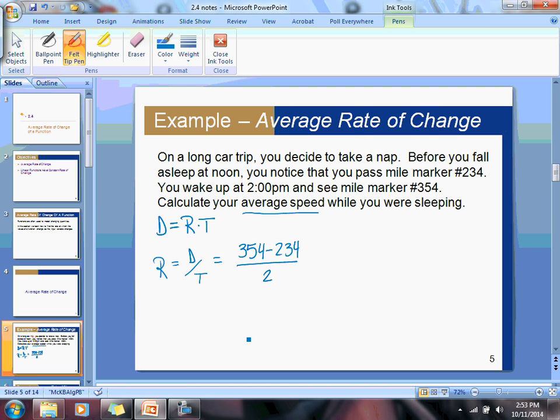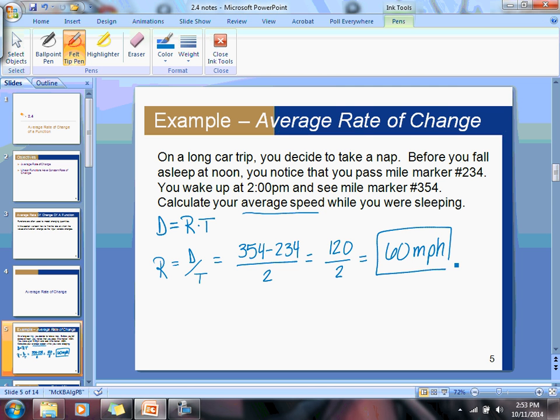You could think of it like a subtraction problem, in military time: 1,400 hours minus 1,200 hours is 200, but we really just want 2 hours there. So when we subtract, we get 120 for our miles, and 2 is our time. So our average rate is going to be 60 miles per hour.